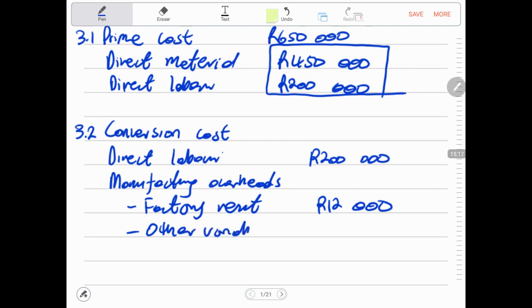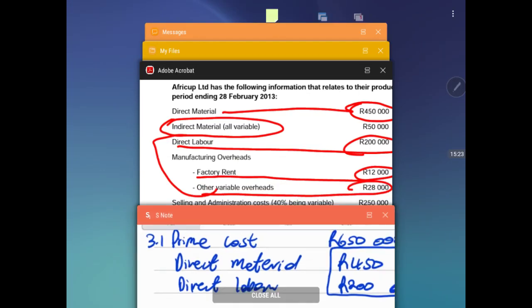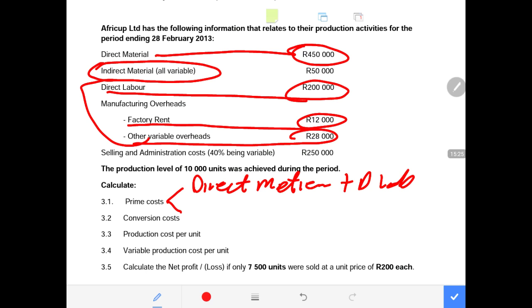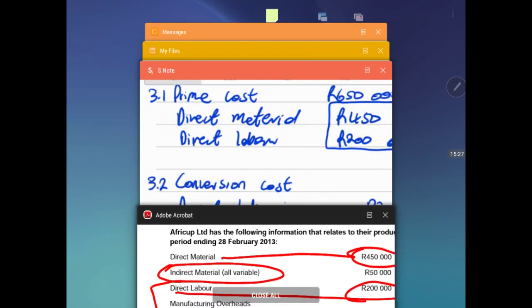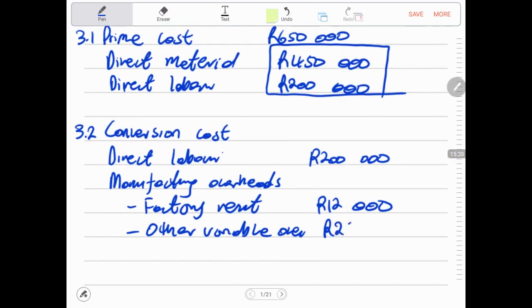Our other variable manufacturing overheads amount to 28,000 rands. Then we record our 28,000 rands. Then after that we go to indirect material, and we know that our indirect material amounted to 50,000 rands.